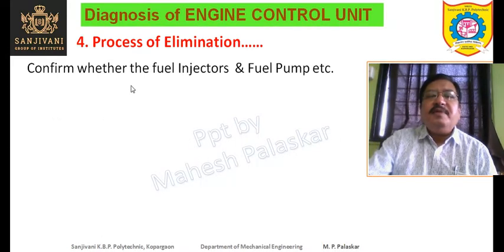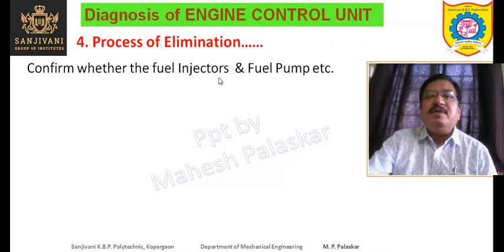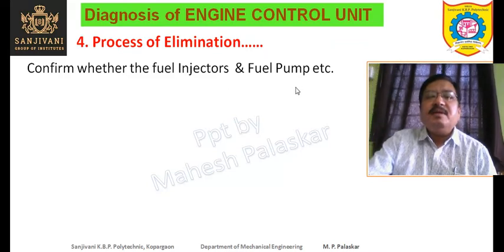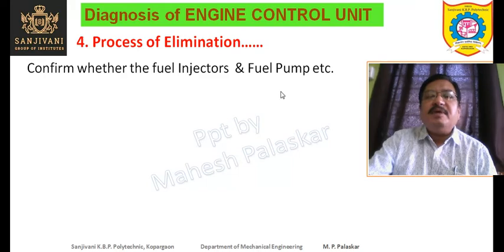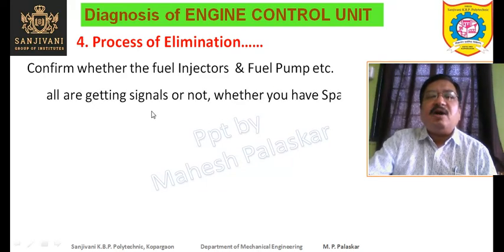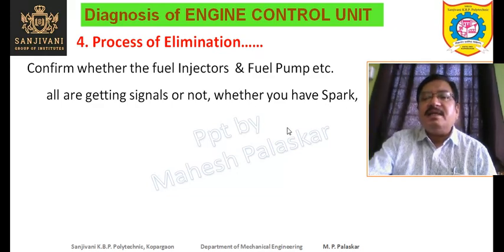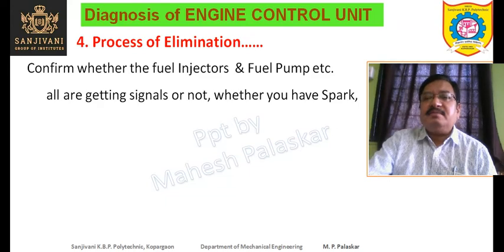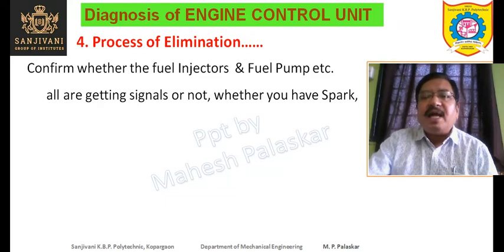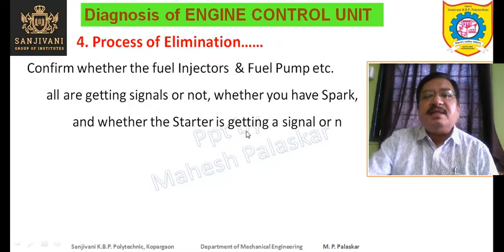Let us confirm that the fuel injectors and the fuel pump etc. are all getting proper signals or not. Whether the spark is produced with proper intensity and at proper timing, and whether the starter is getting a signal to start the engine.